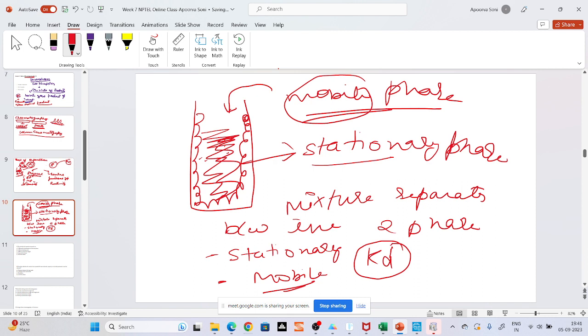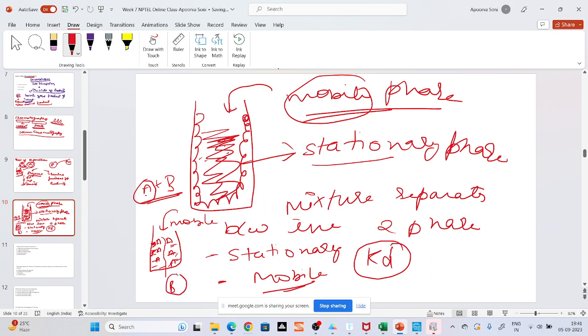If this is a column, inside you have a stationary phase and you give mobile phase from outside, and your mixture of proteins or whatever product is there. If your product has two different proteins A and B, and A has higher affinity for this particular matrix, then A will stick to the matrix. Since A sticks to the matrix, B would be eluted first.